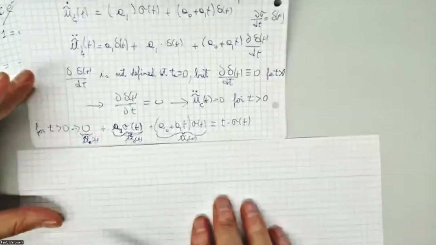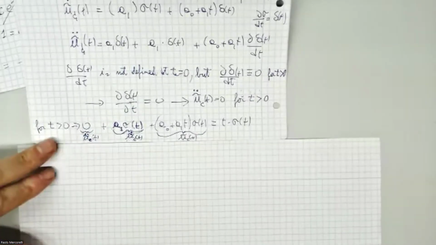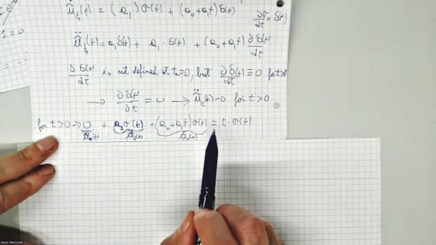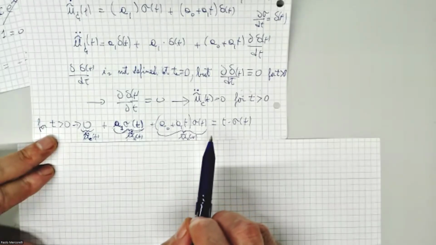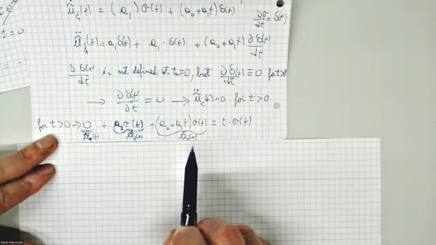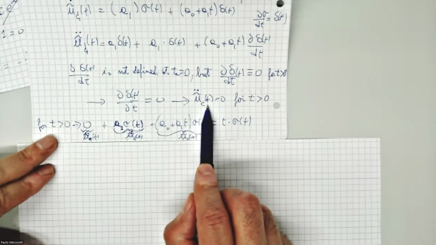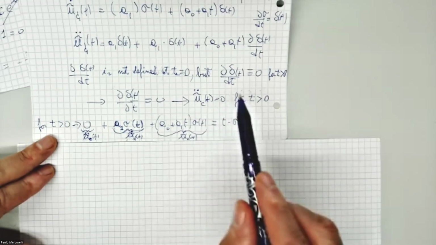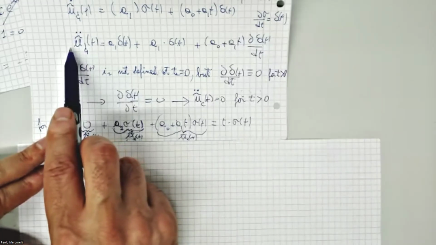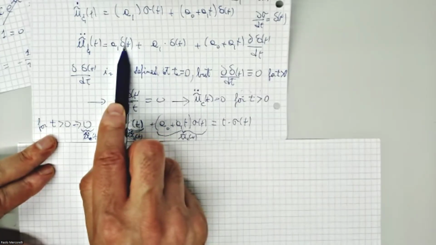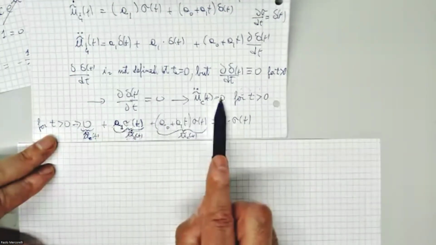Let me see, because I don't understand now. Where does this come from now? Let me see. Yeah, of course, it's clear. So this I told you is 0. I didn't see this. We know that for t larger than 0, this is also 0. This implies this again.